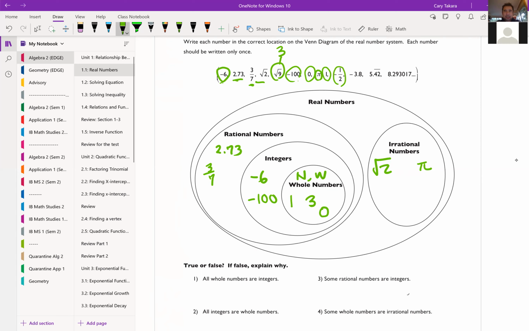About negative 1/2. Again, that's a fraction, right? It's a fraction that you can't reduce any further. And so negative 1/2 will be, if it's a fraction, it better be rational. Yeah, very good. How about negative 3.8?